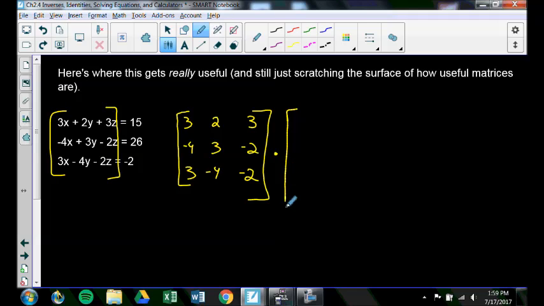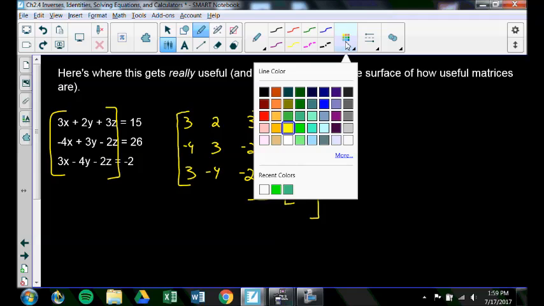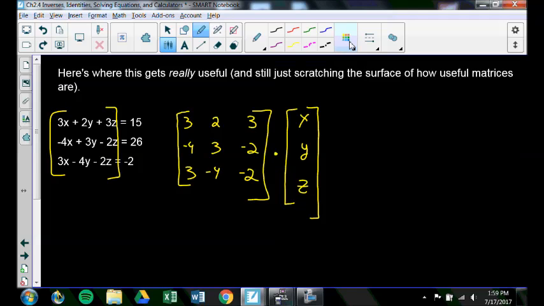Here we'll have another matrix. And this matrix is a 3 by 1. It's just the variables x, y, and z. And notice what happens when I multiply these. If I multiply these matrices together, I'll do this row onto this column, which becomes 3x plus 2y plus 3z, which is that.